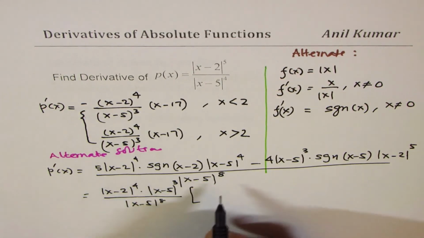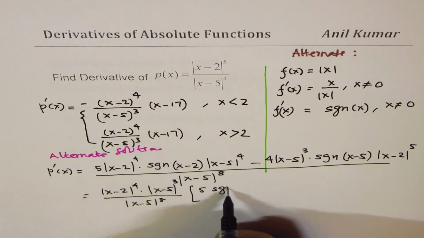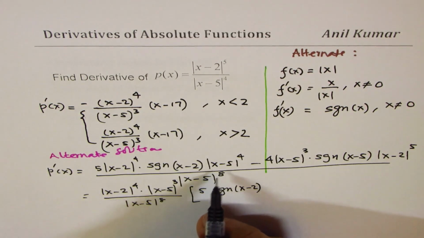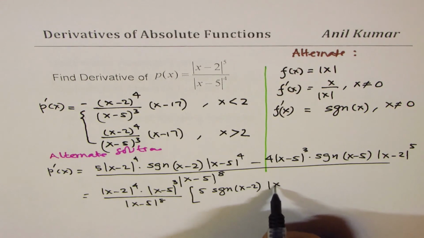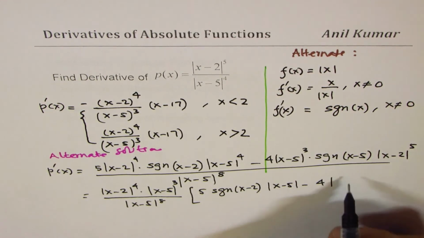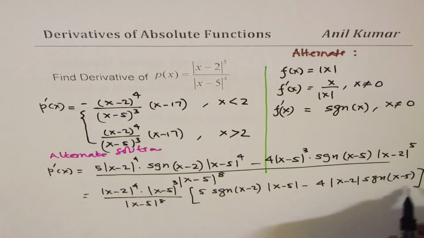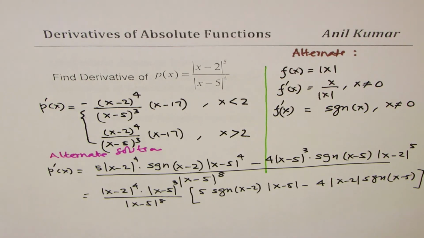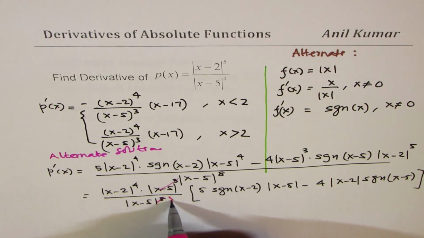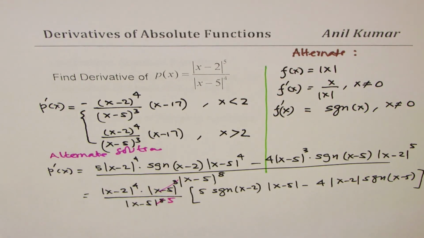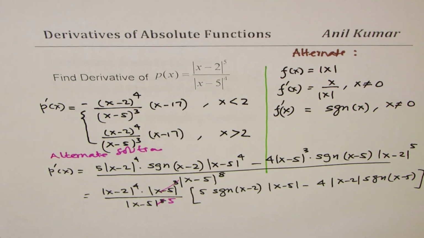And what you get inside is 5 times signum function x minus 2 and the absolute value of x minus 5, minus 4 times absolute value of x minus 2 times signum function x minus 5. So you could write your solution in this fashion. Of course, you could cancel this with 5 and get a similar solution. That becomes an equivalent solution for the derivative of the given function. You can use the signum function. I hope the concepts are absolutely clear. Feel free to write your comments and share your views.